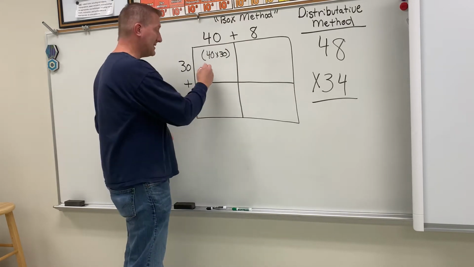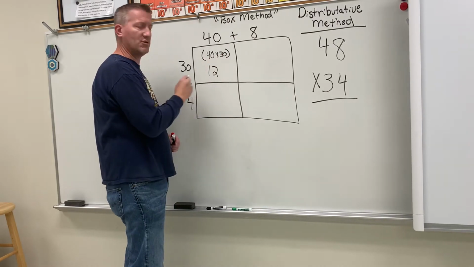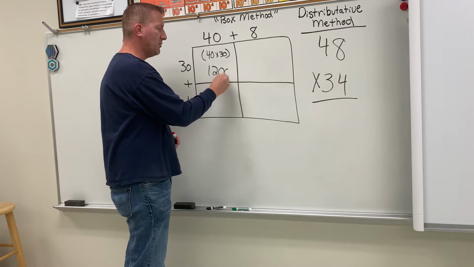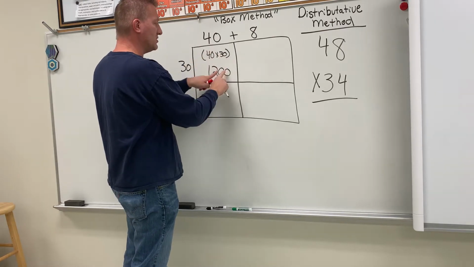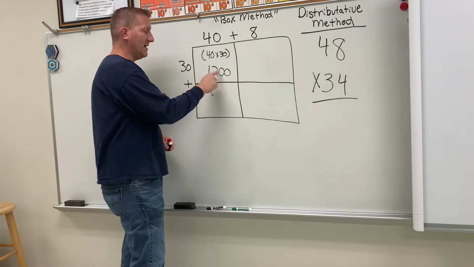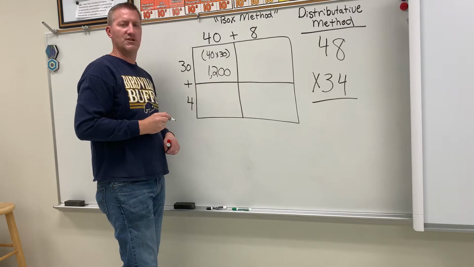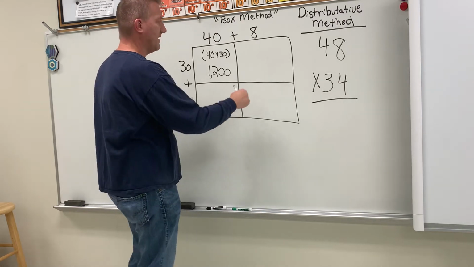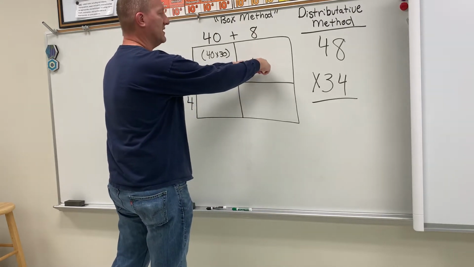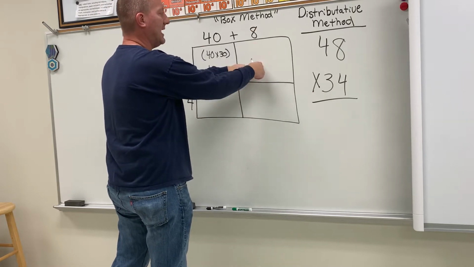That's an easy one. 4 times 3 is 12, and then the two zeros you covered up, you put right on the end of the number, and you come up with 1,200.